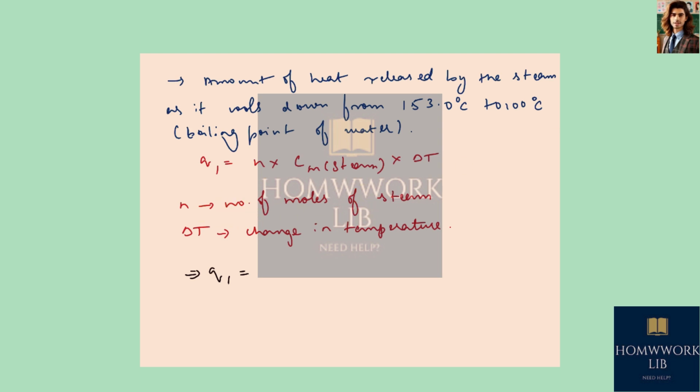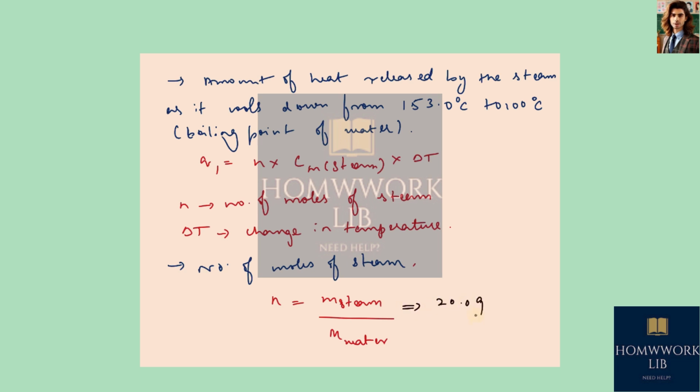So the number of moles of steam is given by the formula n equal to m steam by M water, where m steam value is 20 gram and M water is the molar mass of water, which is equal to 18.015 gram per mole.